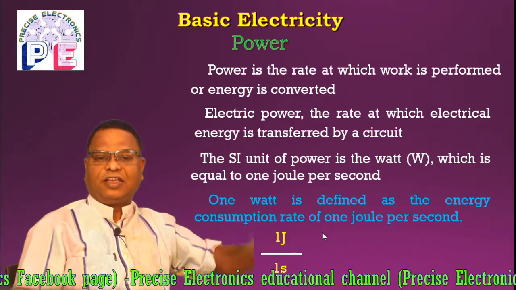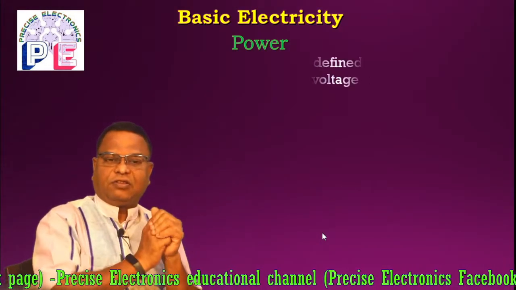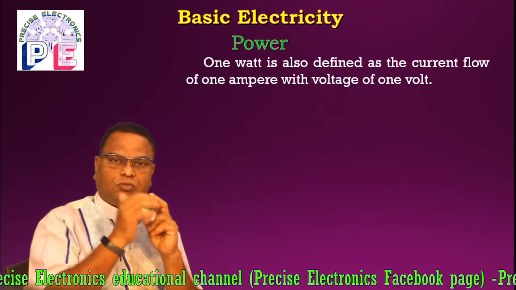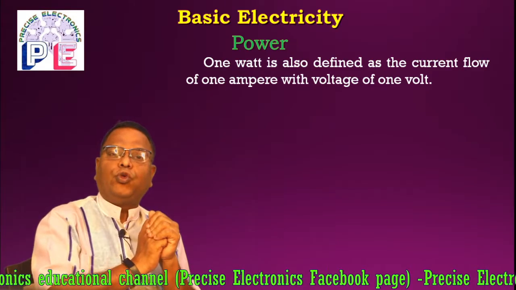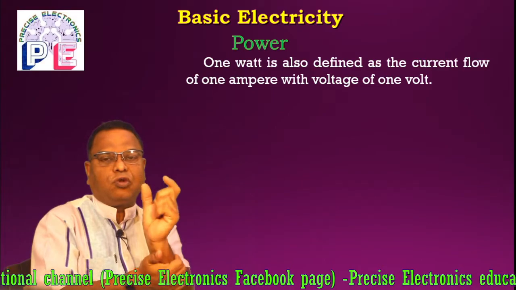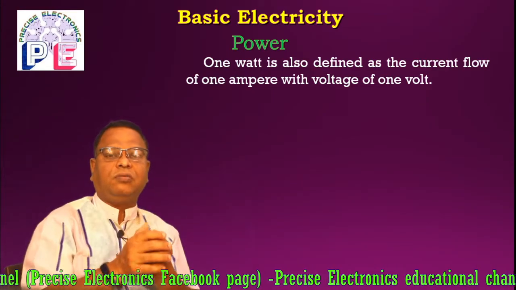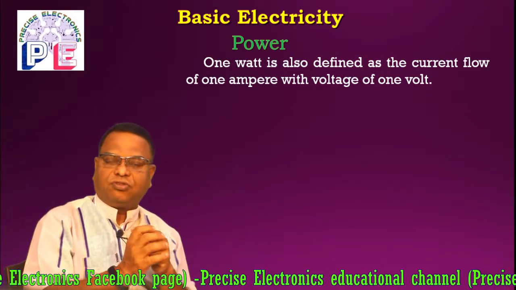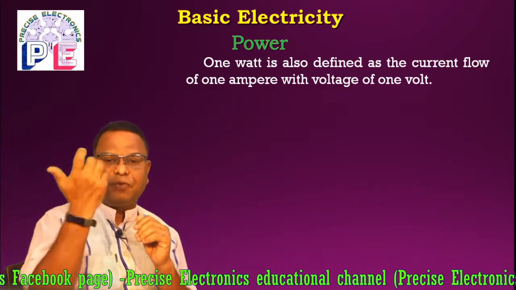1 watt is also defined as a current flow of 1 ampere through the system with a voltage of 1 volt. That means if a 1 volt supply is applied to the system, and the current flowing through that system is 1 ampere, then the power consumption, or power dissipated, of the device is 1 watt.